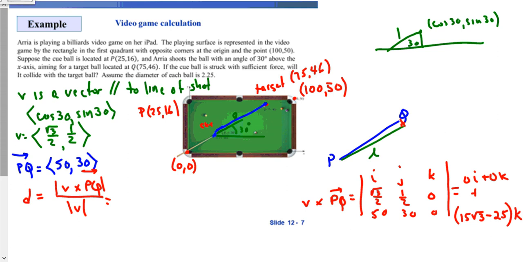If we want the magnitude of that cross product, it's just going to be that k component, because it's just the k squared and then the square root of it. So it's just going to be 15 times the square root of 3 minus 25.